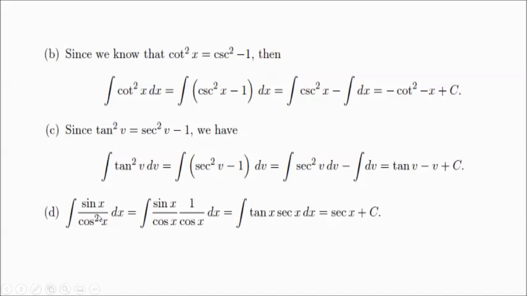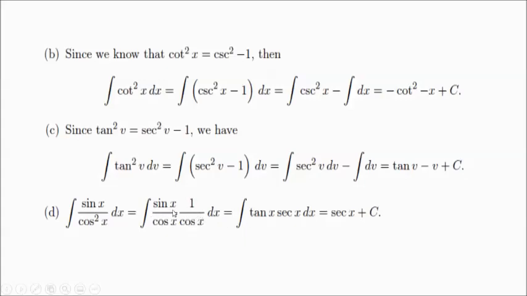Then next, we have sine x over cosine square x. Now class, we need to manipulate the equation so that an integral we can integrate comes out. In this case, since it is cosine square, we can do this. Separate the two cosines. So sine x over cosine x multiplied by 1 over cosine x.